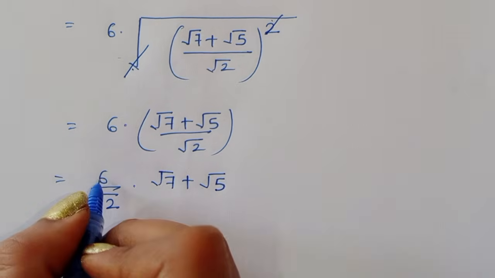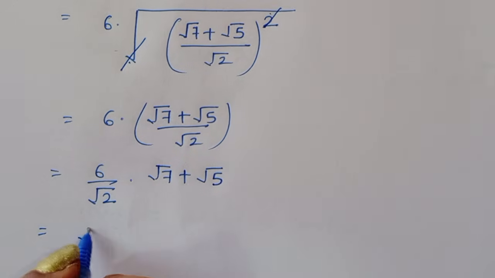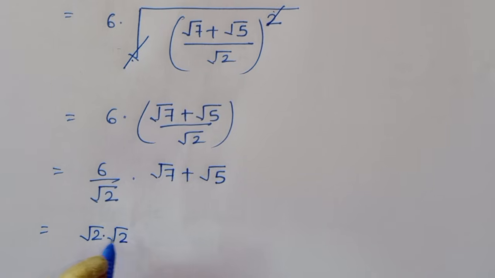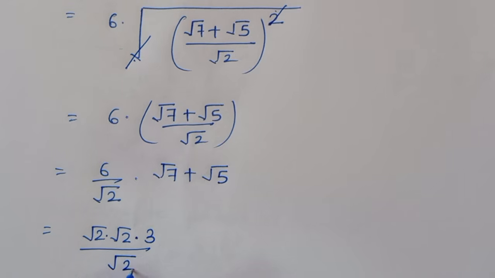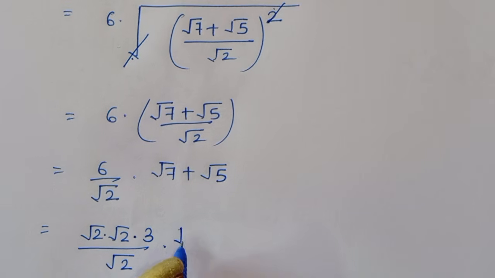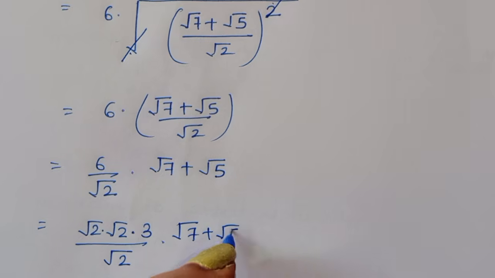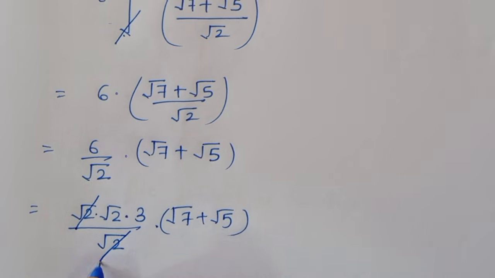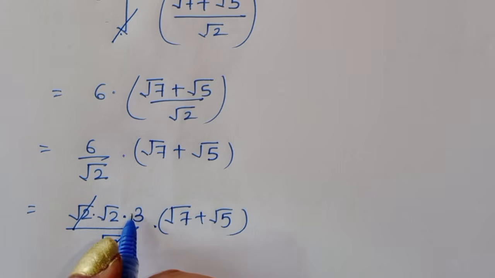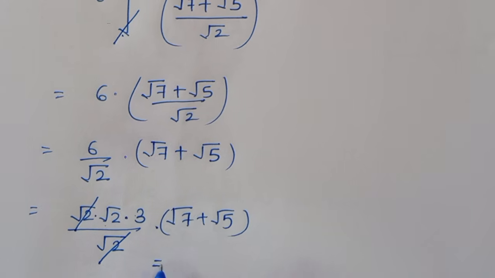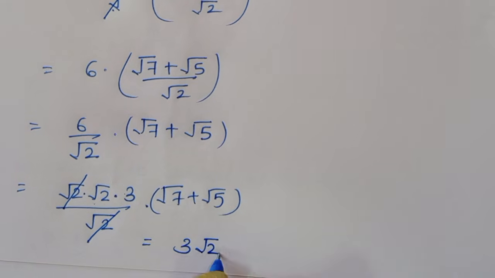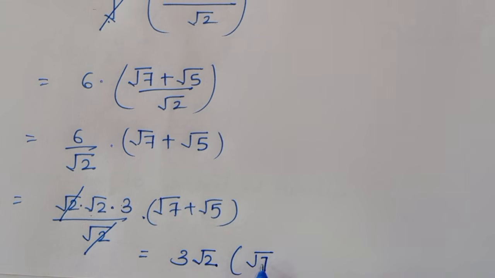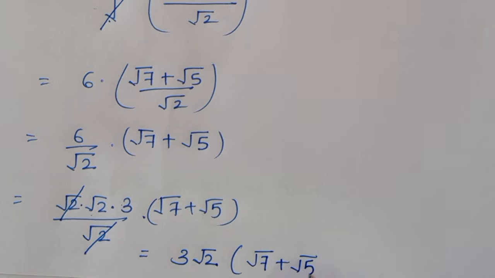Now this 6 we can write as square root of 2 times square root of 2, that is 2, times 3, divided by square root of 2, times square root of 7 plus square root of 5. Square root of 2 cancels with square root of 2, so the left term is 3 square root of 2 times square root of 7 plus square root of 5.